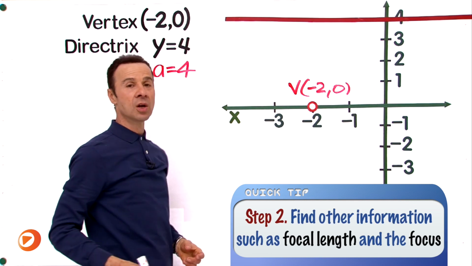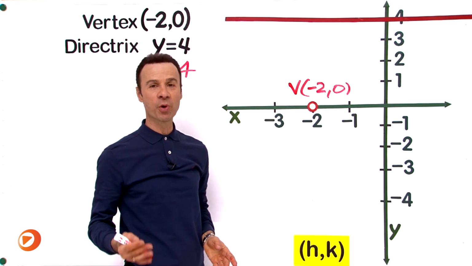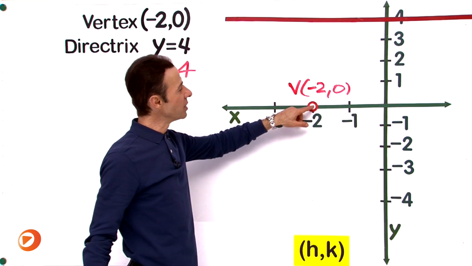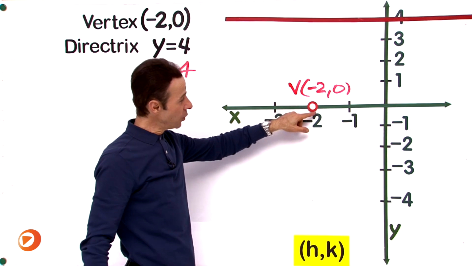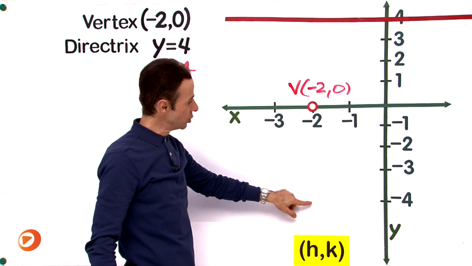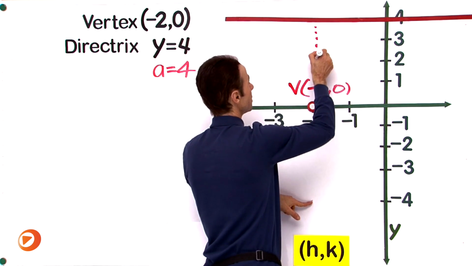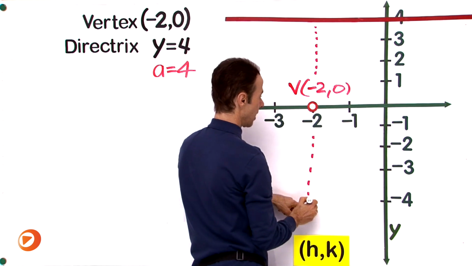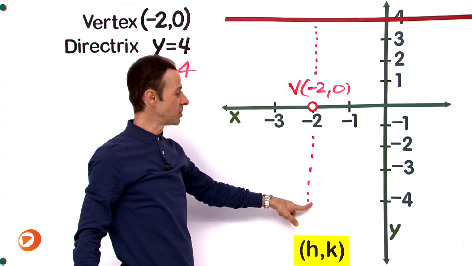That's pretty good. Do we know where the parabola is going to go? Well, let's put in the focal point first before we put the parabola. The focal point will be 4 units, because we know A equals 4, 4 units down this way to about this point here. So the actual parabola's axis would be something along there. The axis will be going through x equals -2.